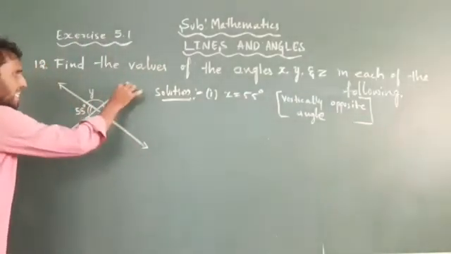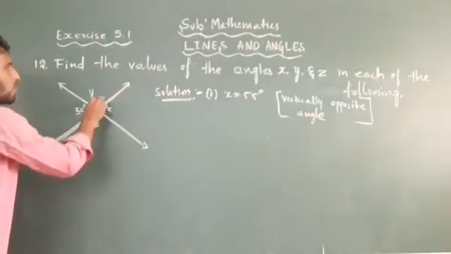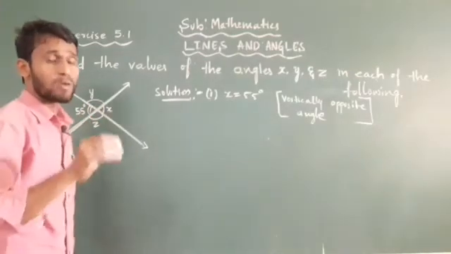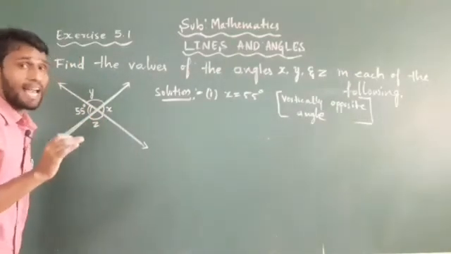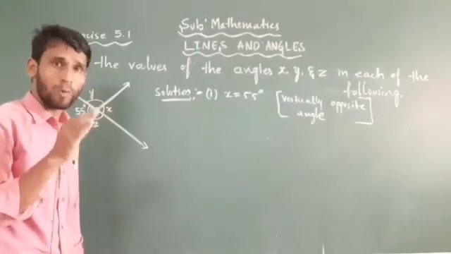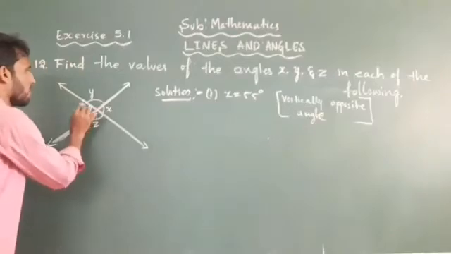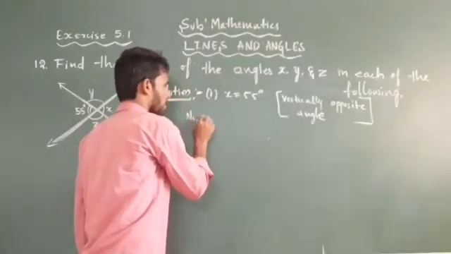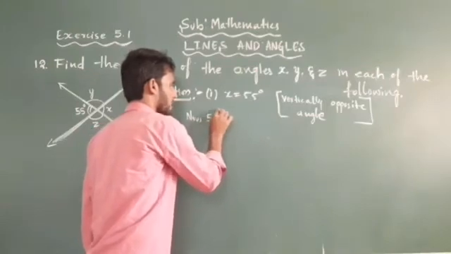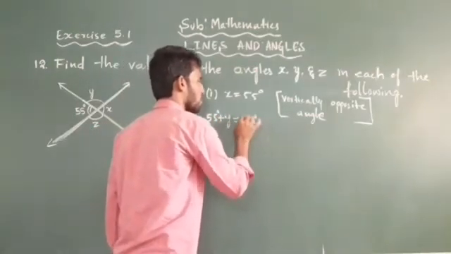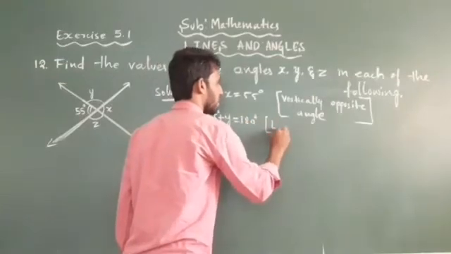This is the linear pair. Now this angle you observe here, linear pair is always 180 degrees. Supplementary angles are always 180 degrees, and a linear pair is also 180 degrees. Now 55 degrees plus y is equal to 180 degrees because this is the linear pair.